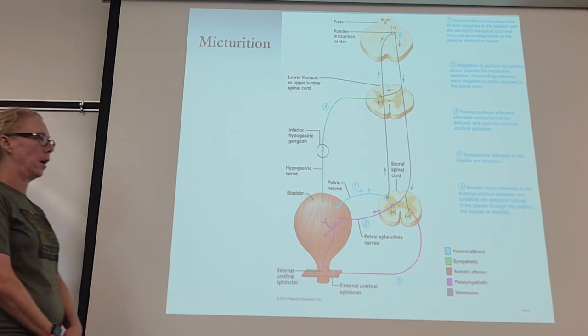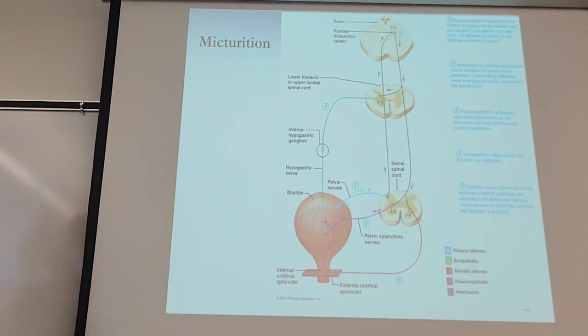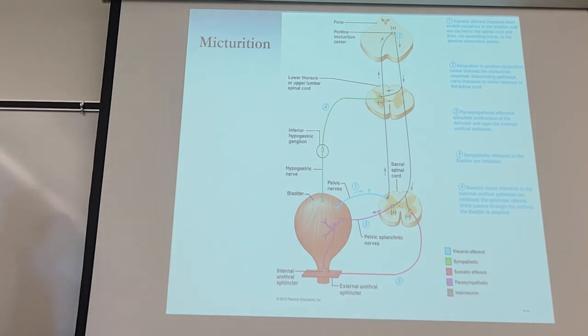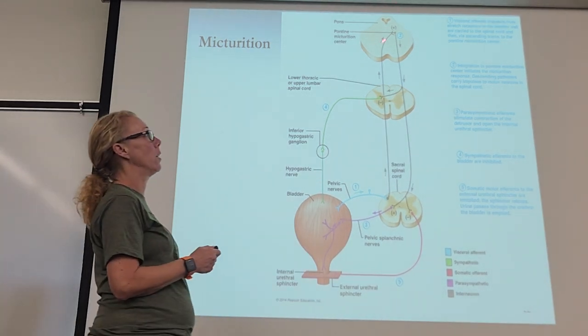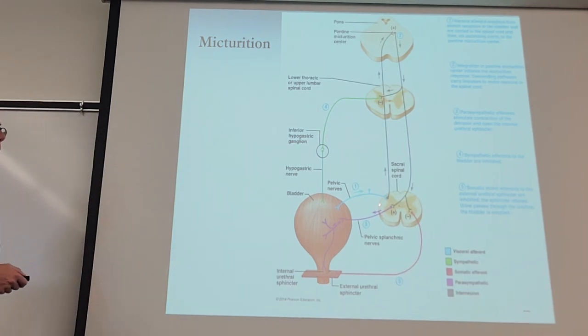Visceral sensory neuron. Nothing new there. Okay. So that's going to pick up the sense of stretch, and that's going to send that information up to the pons. And back in nervous system, when we were talking about the pons, we briefly mentioned that the pons has bladder responsibilities, and this is it. So this tract is going to synapse up in the pons, okay, and it's going to generate an outbound motor response, okay.